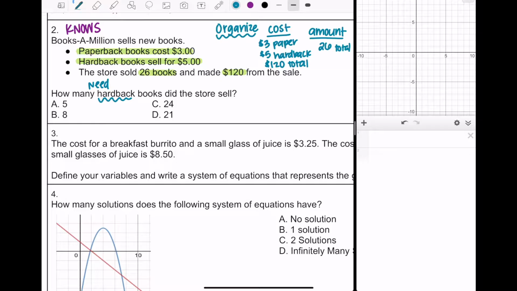Okay, now as we write our equations and work this out, what's really important here is to notice what your variables are. As we write these equations, we need to assign something to our variables. So we have paperback books and hardback books.